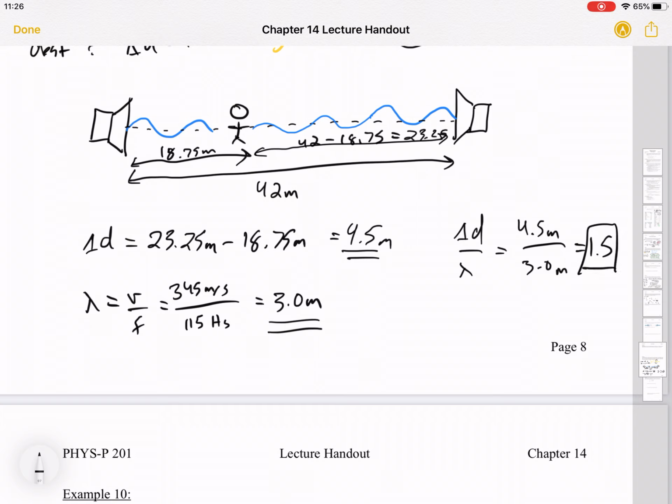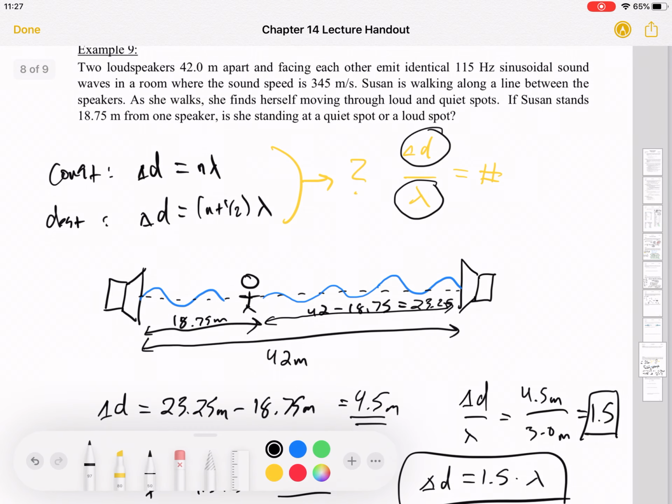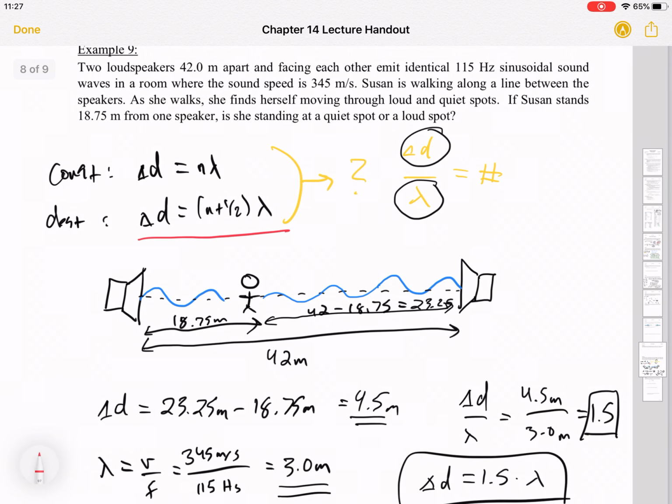That is what's sitting in front of lambda. So I could say delta D equals 1.5 times lambda. Is that constructive or destructive? Well, going back up to these, that's destructive, right? That's n plus a half. So n equals 1, and it's 1 plus a half. That's destructive. So this is going to be a quiet spot.